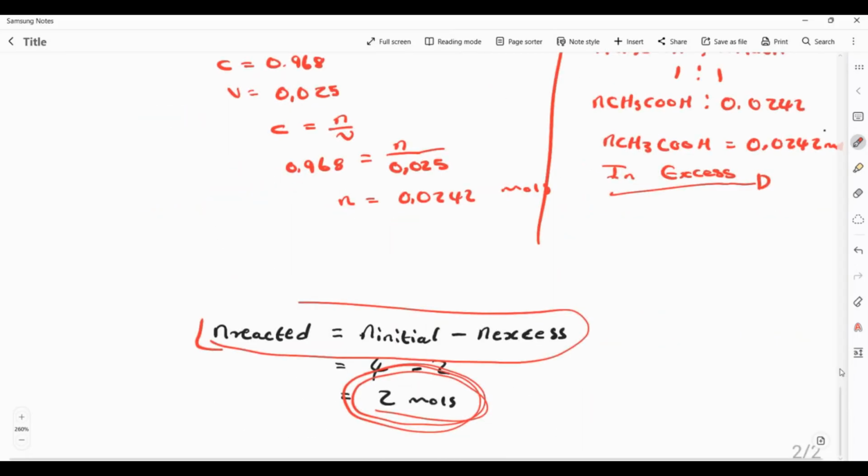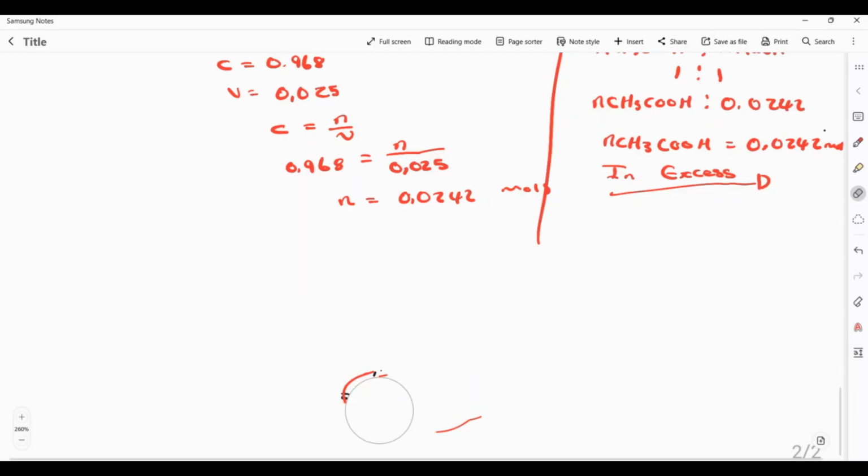What do we need? We need the reacted number of moles. To find the reacted number of moles, we say the number of moles reacted is equal to the number of moles in the initial stage minus the number of moles in excess.